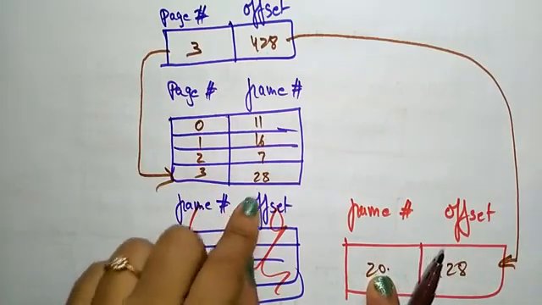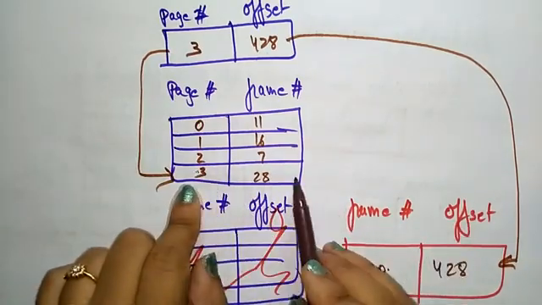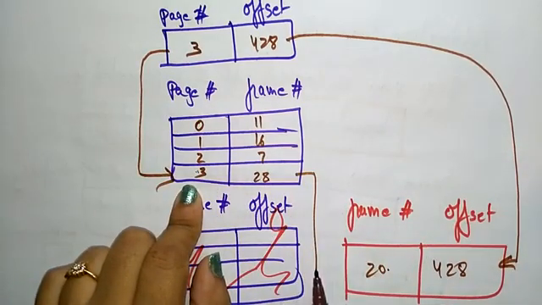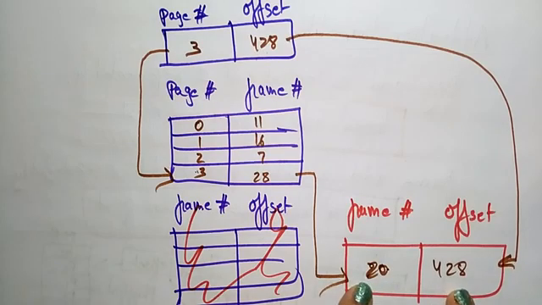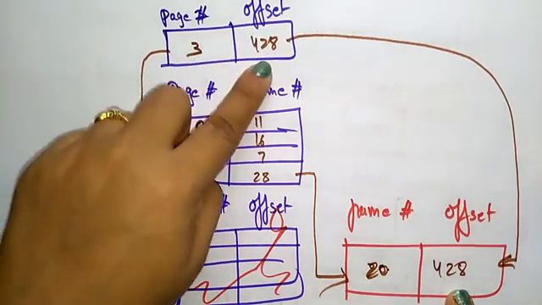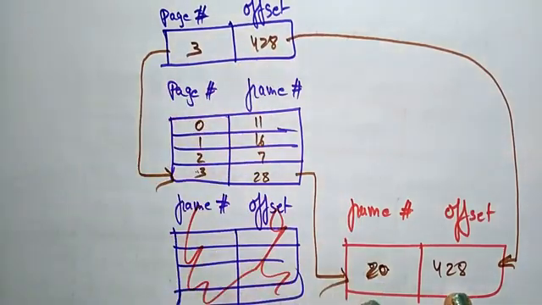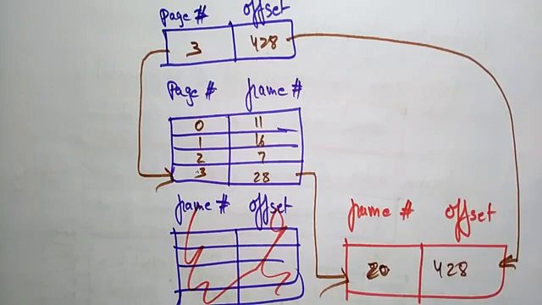Now this page number comes to this frame. So this is the physical address: 20 is the frame number and 428 is the offset. Whatever the page and offset, 3 and 428 is converted into 20 and 428. So this is how the conversion of the page and offset is done.